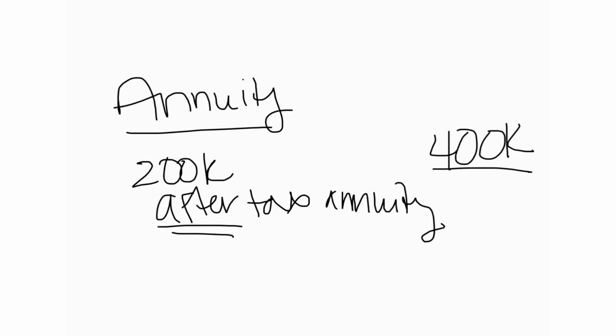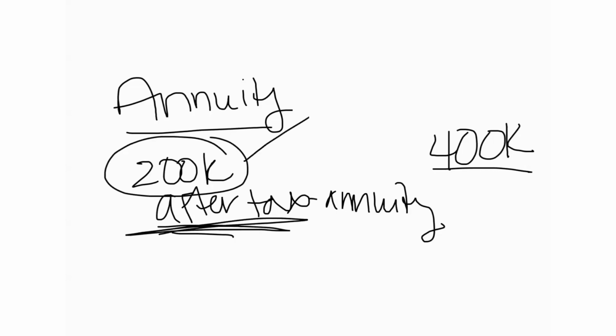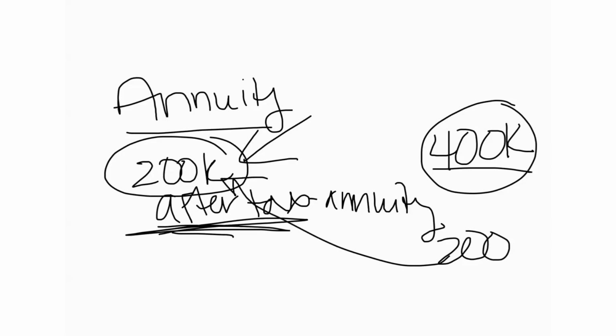And you're going to start withdrawing for retirement. How much of that is subject to taxes? This is not a math question. You put in 200,000 after tax, meaning you already paid taxes on this. Now it's 400,000 and annuities grow tax deferred, so you didn't pay tax on the rest of it. So how much is subject to taxation? 200,000, the difference.